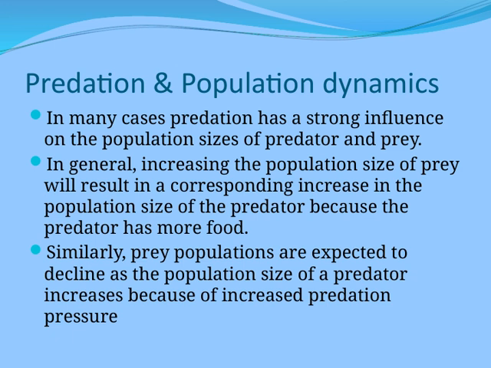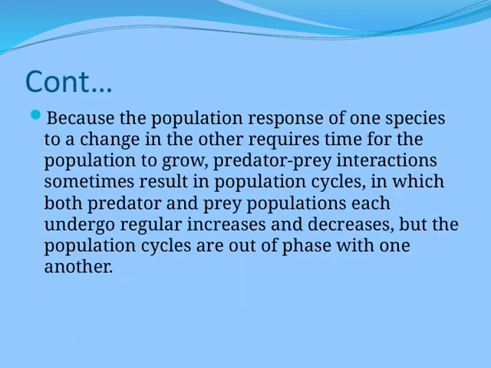This creates a natural balancing act between the two. Understanding this relationship is key to grasping how populations fluctuate over time and how ecosystems maintain stability. It highlights the interconnected nature of species within a community and underscores the importance of predation in shaping population trends.